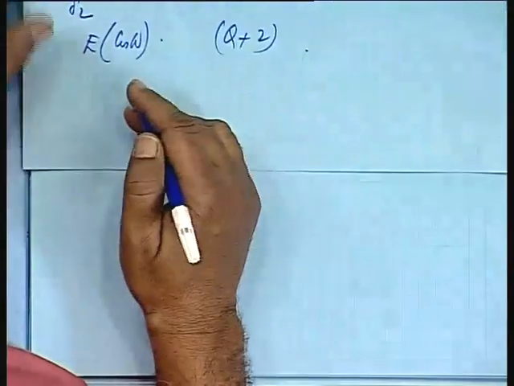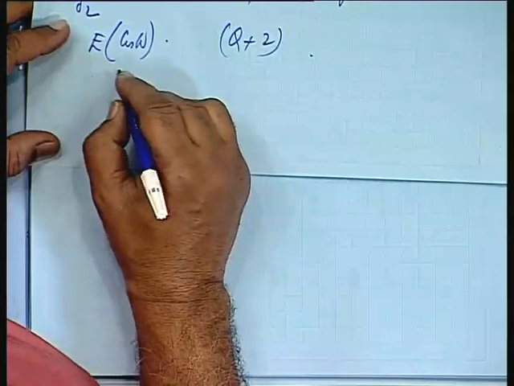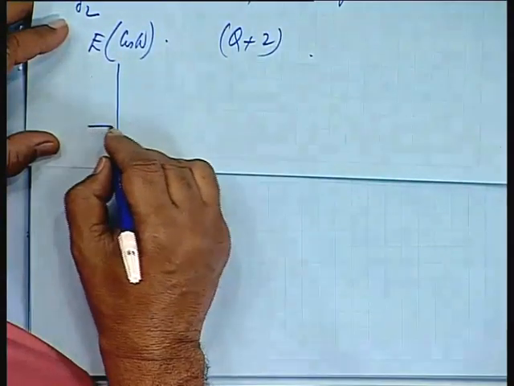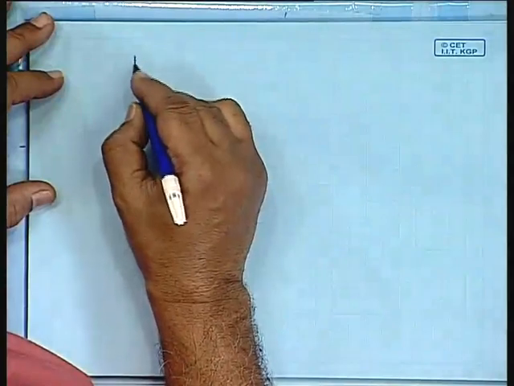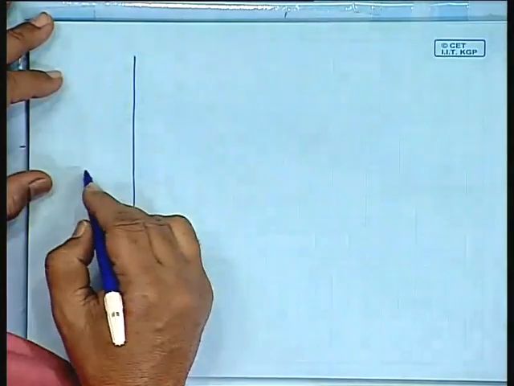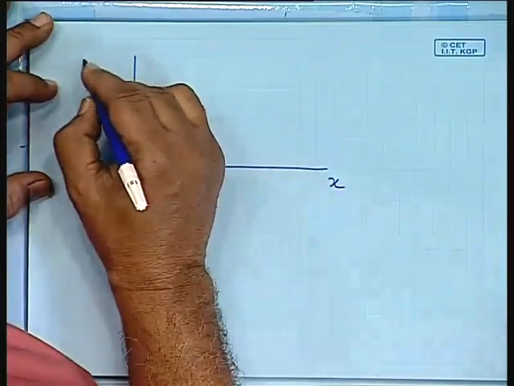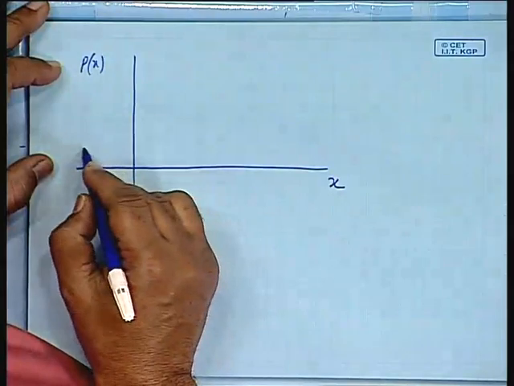Before we go to that, let us also sketch what the functions will be like, say Px for example. Let me take a little bigger page. This is x, this is Px. What will Px be like?